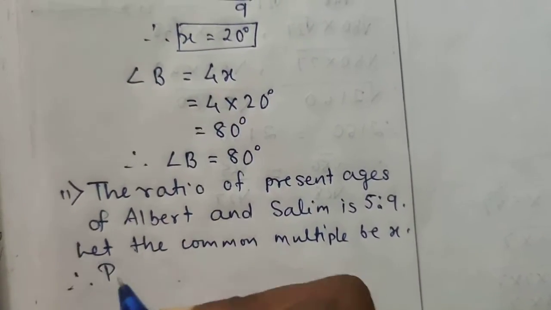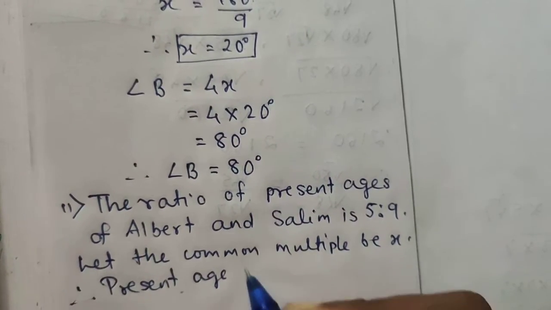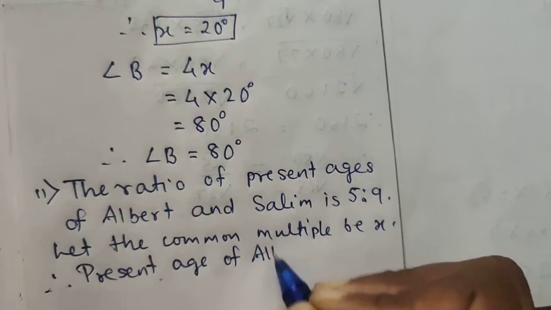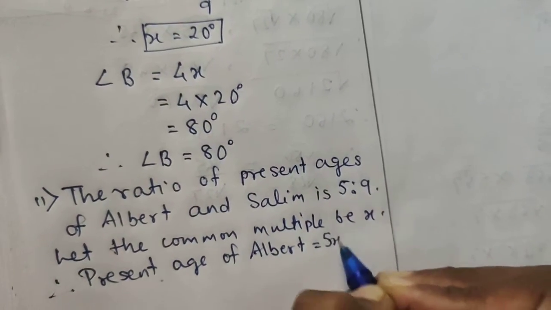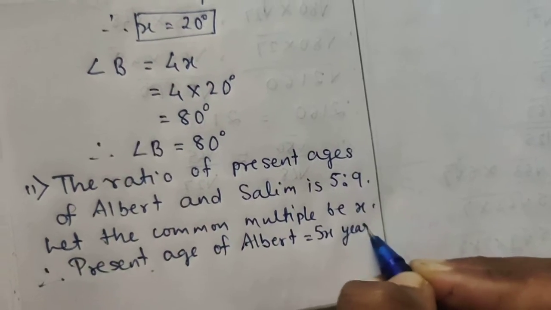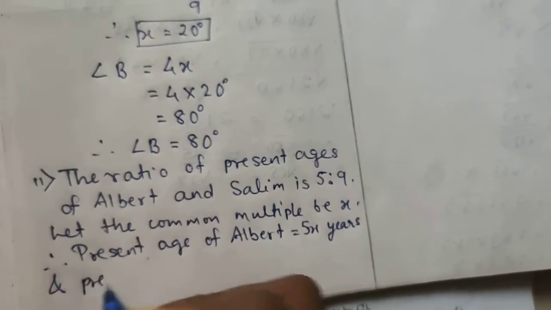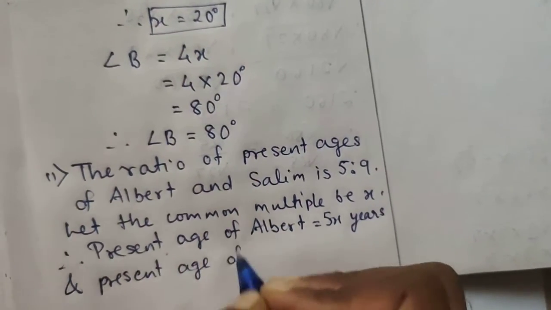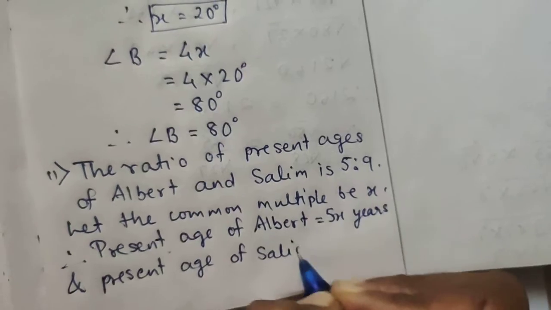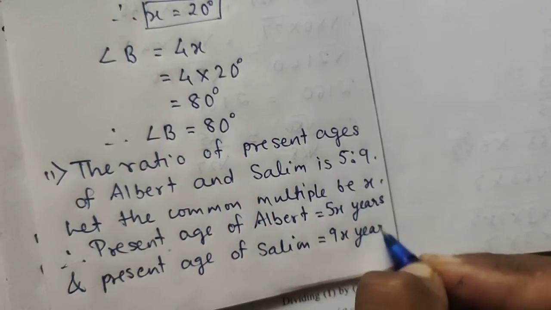Therefore, present age of Albert is what? 5x years, and present age of Salim is equal to what? 9x years.